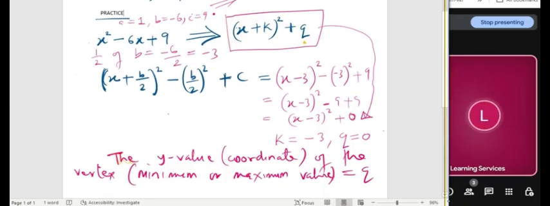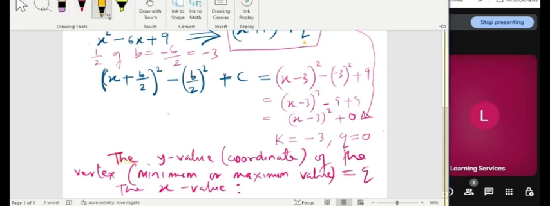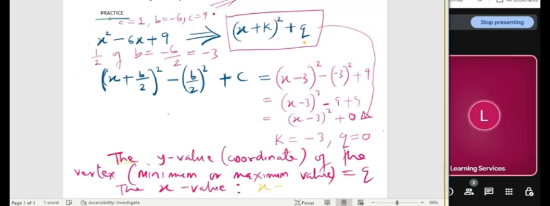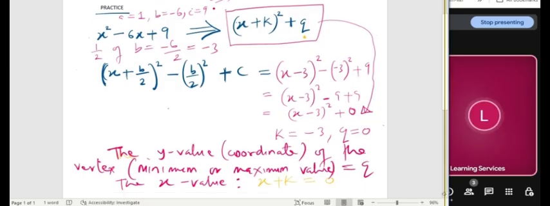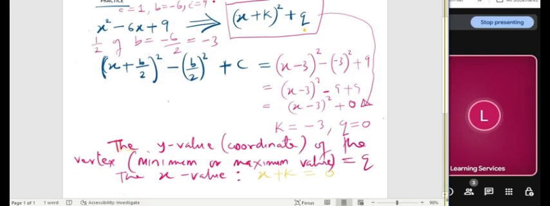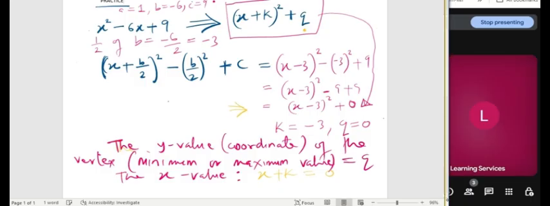To get the x value, you do whatever is inside the bracket equal to 0 and solve it. So x plus k equal to 0, and then you solve it.